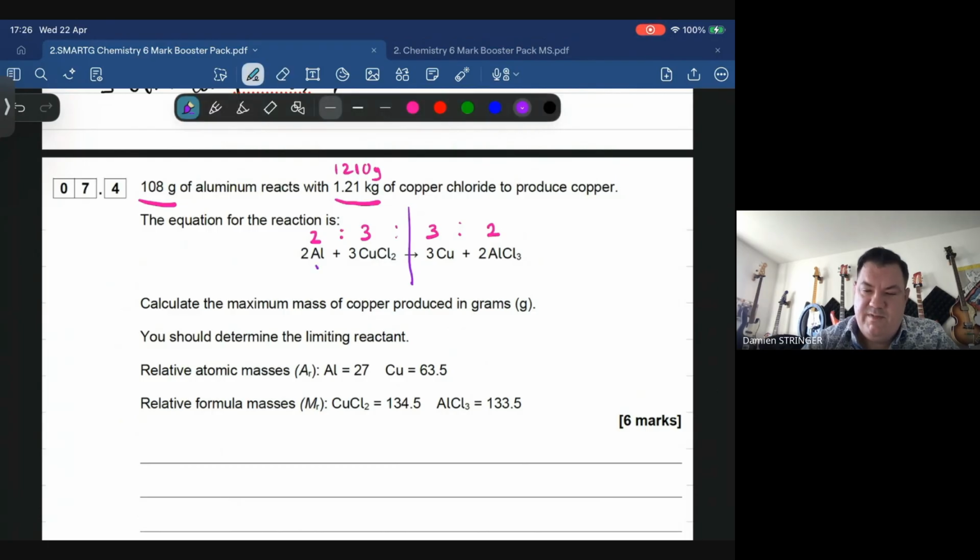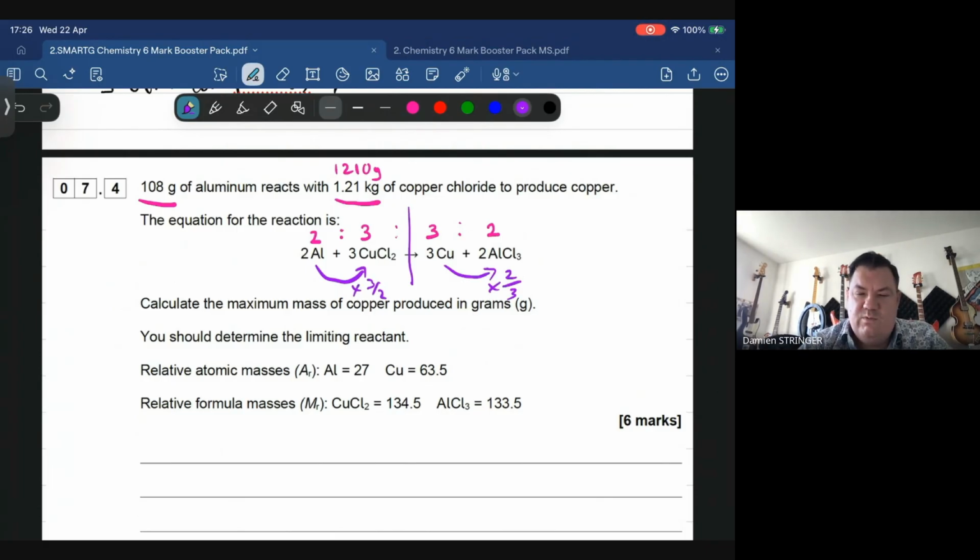From that to that, it's 3/2 times as much. If you want to know the ratio of the products, that to that, it's the other way around. You know you're getting less. 3 coppers gives you 2 AlCl3, so it's 2/3. You'd have to times it by that, if you knew that one.